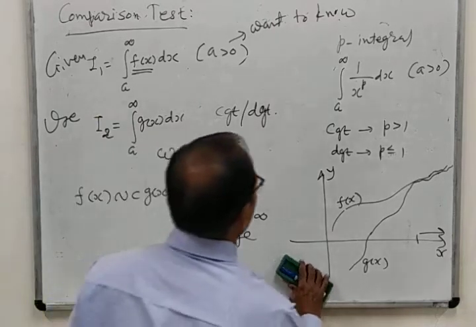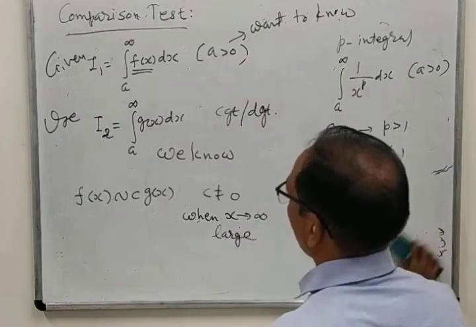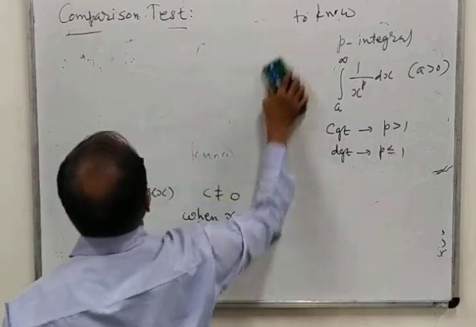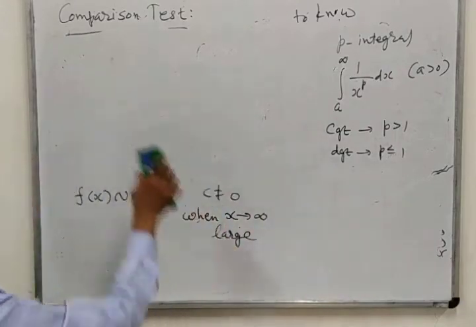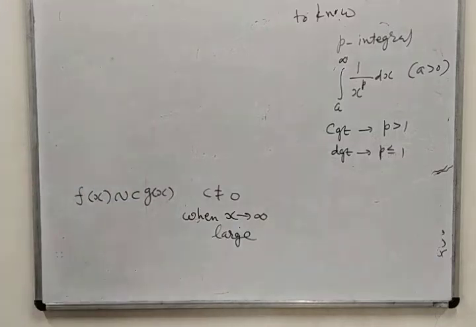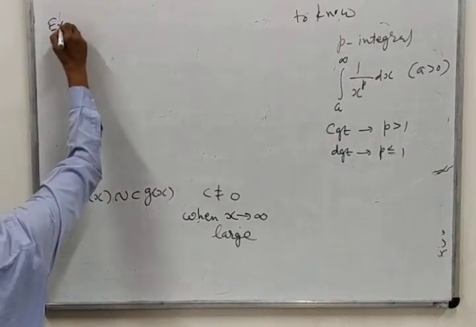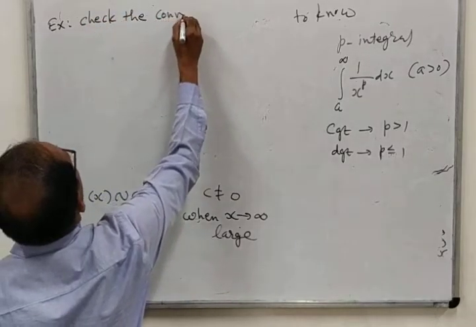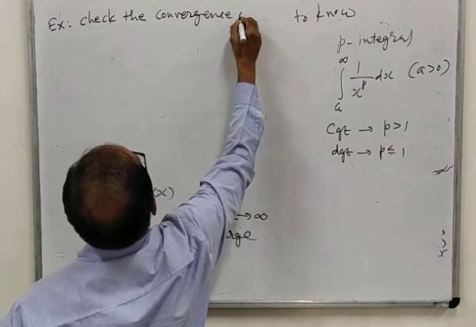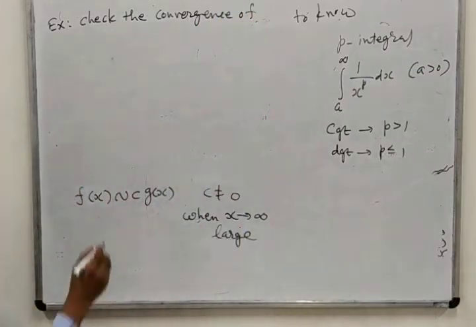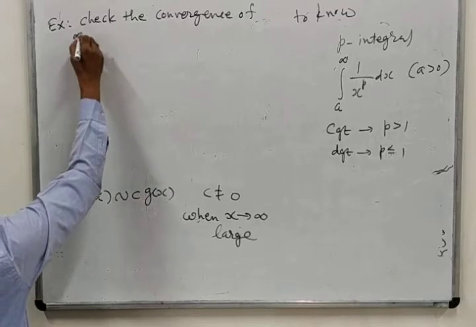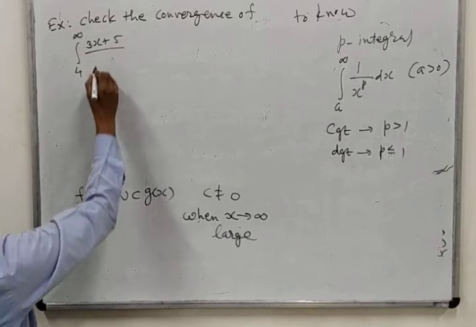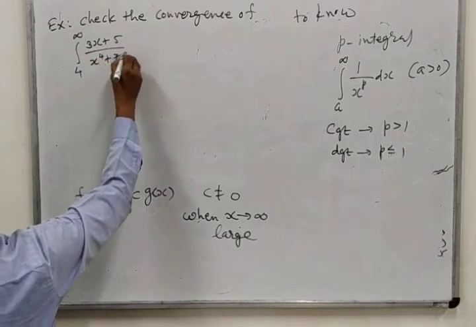So let us see this by considering one example. Suppose we want to check the convergence of the integration from 4 to infinity of (3x plus 5) upon (x raised to 4 plus 7) dx.